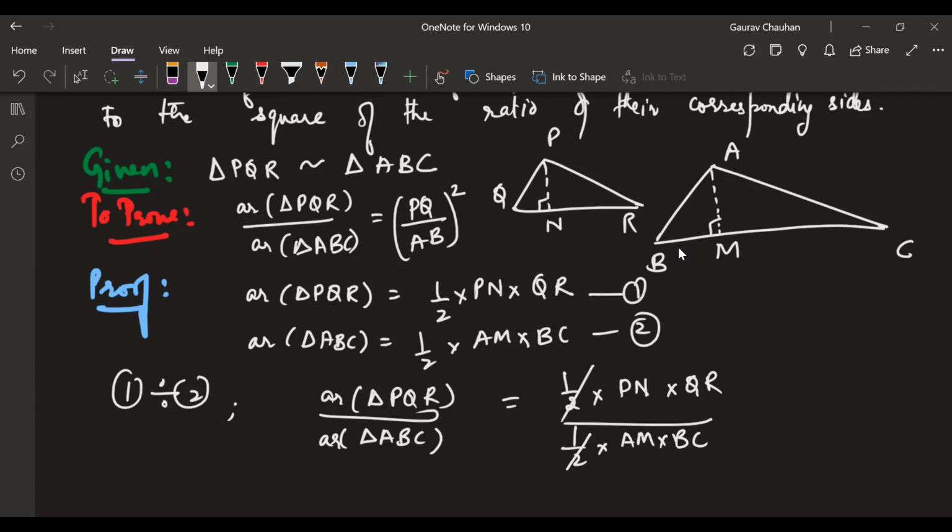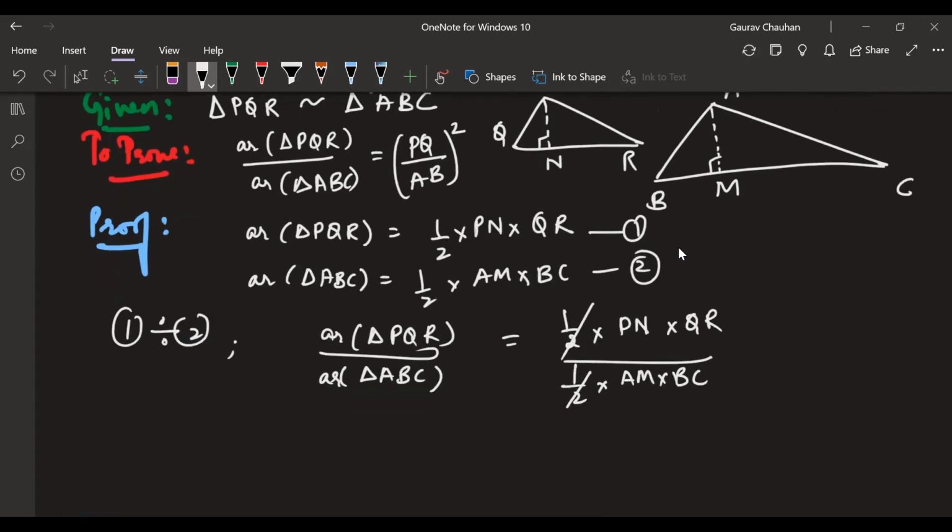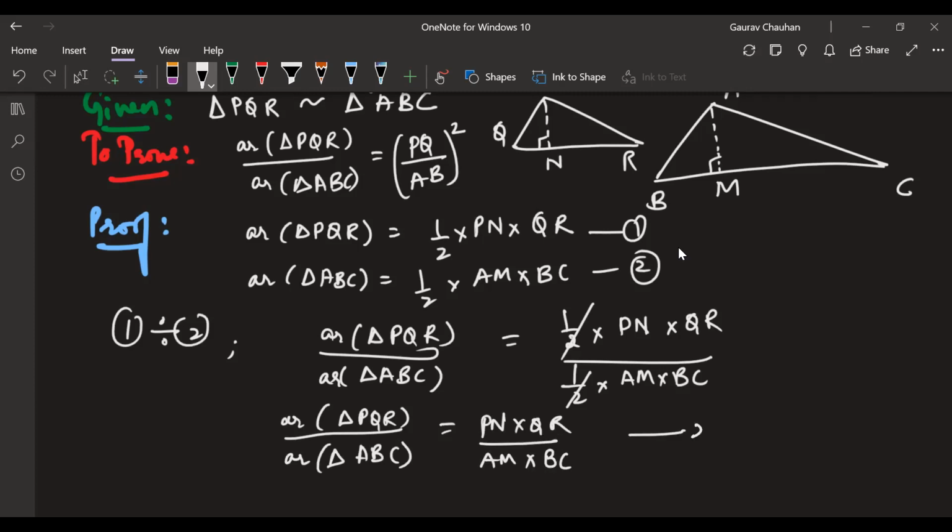The halves get cancelled. So area of triangle PQR by area of triangle ABC is equal to PN into QR by AM into BC. You can continue copying along with me. It's a simple theorem. You will not lose anything, I feel. Let's take this as the third equation.